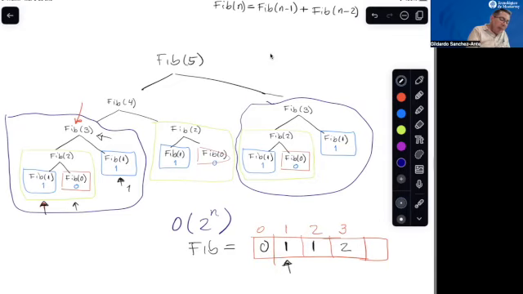And then I move to this other position. The Fibonacci of 2, if I were doing the normal recursion, I would have to decompose and call Fibonacci twice in order to get the solution. However, the first thing I will do is, instead of decomposing, check if in position 2 of my table I already have a value.